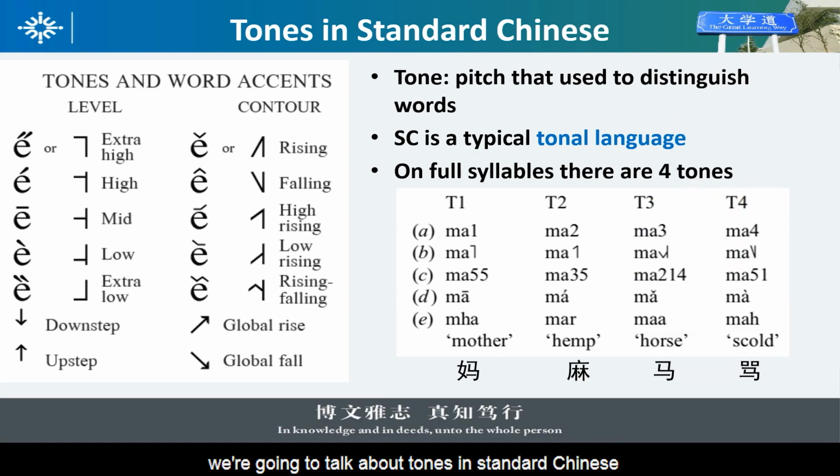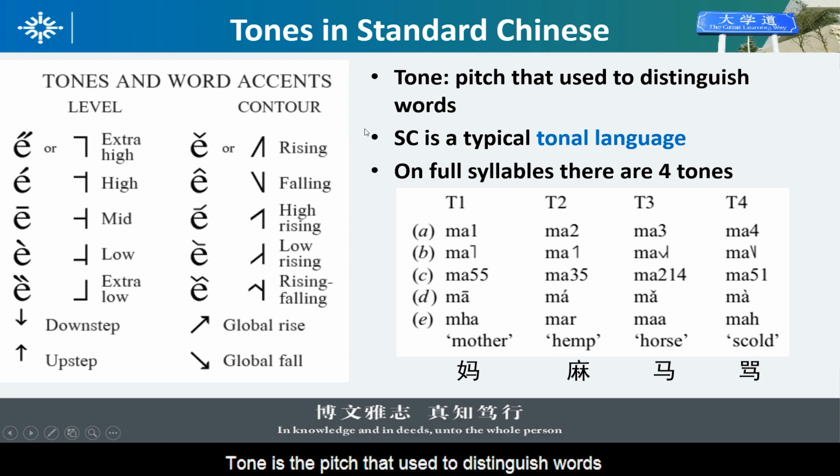Okay, lastly, we're going to talk about the tones in standard Chinese. Do you still remember the left illustration that we discussed last time? It tells us how tone is used in the classification of a language. So what is tone?